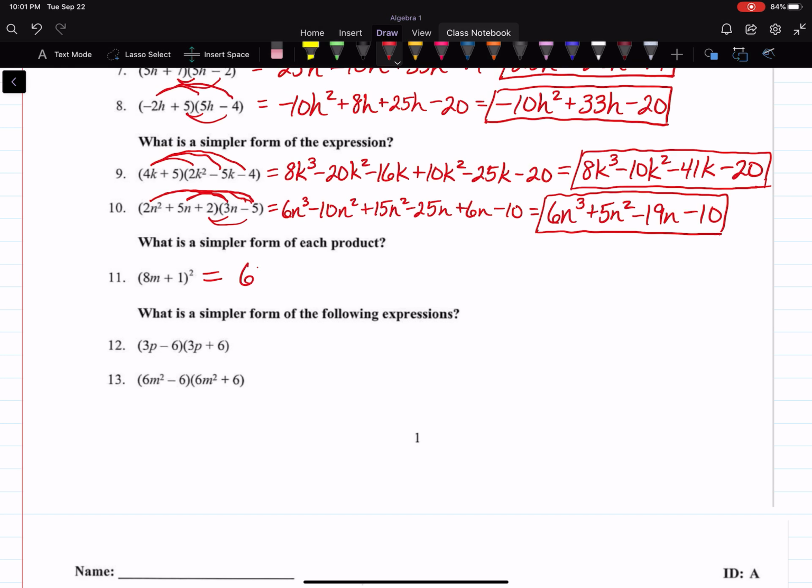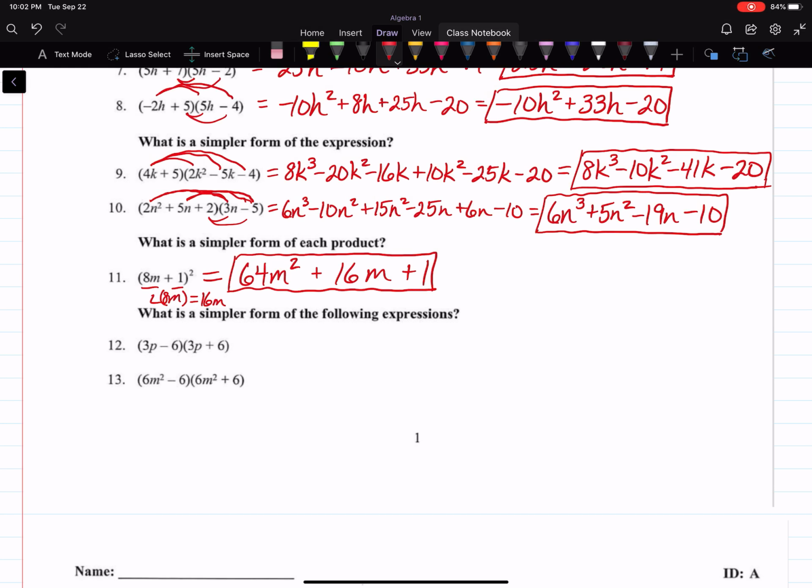So that'll be 64m squared, and 1 times 1 is 1, so plus 1 will be on the end, and in the middle you multiply the two terms, so 8m times 1 is 8m, and then you double it. So you multiply that times 2, you get 16m. That's what goes in the middle. So 64m squared plus 16m plus 1.